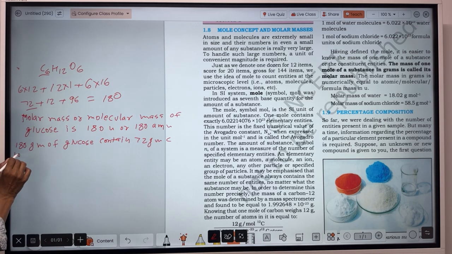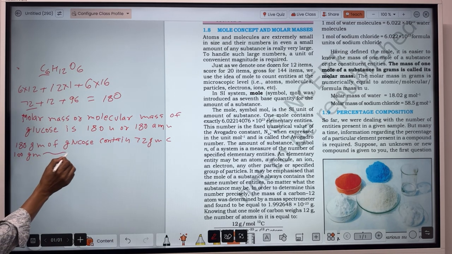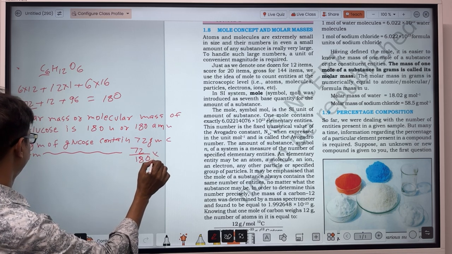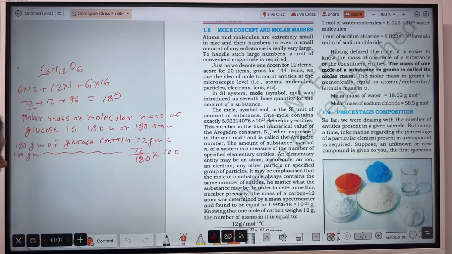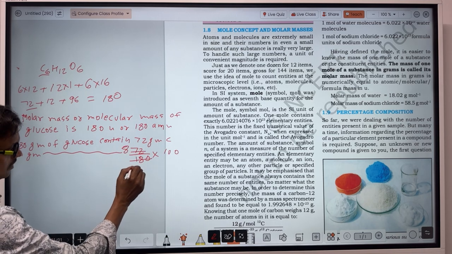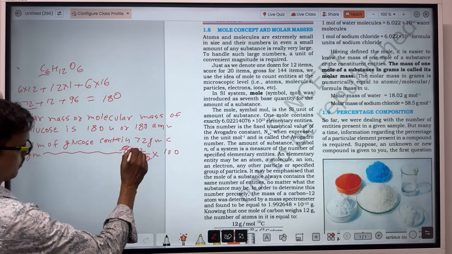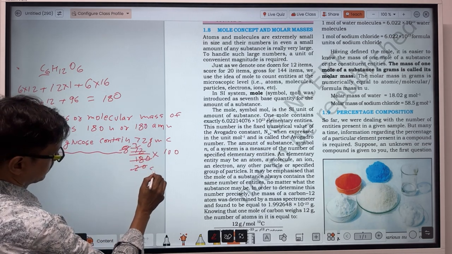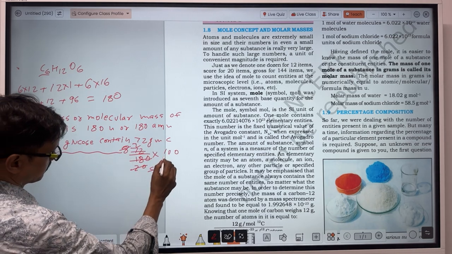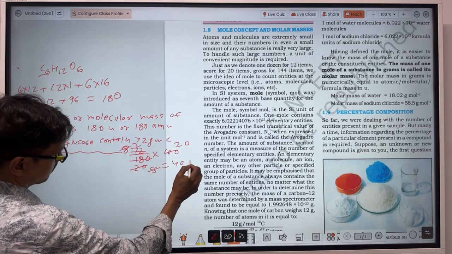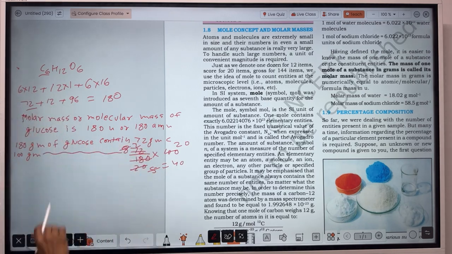So 100 gram of glucose will contain how much? 72 upon 180 into 100. 9 8 ja 72, 9 2 ja 80. Now 4 2 ja 8, 4 5 ja 20, 5 2 ja 10, 0, that is 40. So here glucose has carbon 40%.